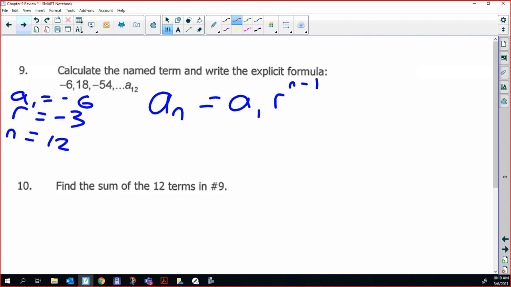Do you want to do A1 over... Oh, we're not finding the sum, we're just finding the 12th term. Oh, right. So to find the 12th term, we plug in A1, which is -6, and then -3 to the 12 minus 1.